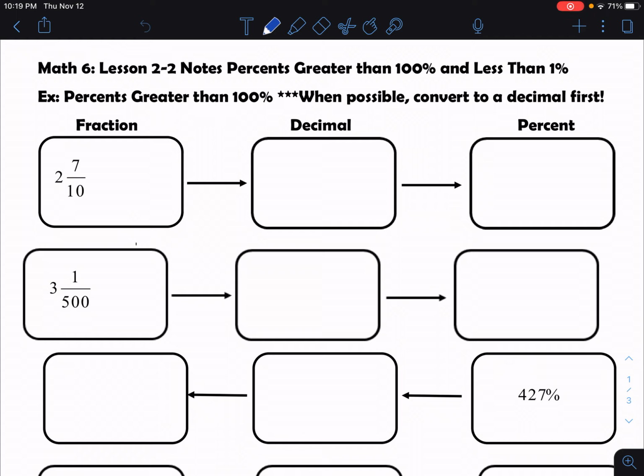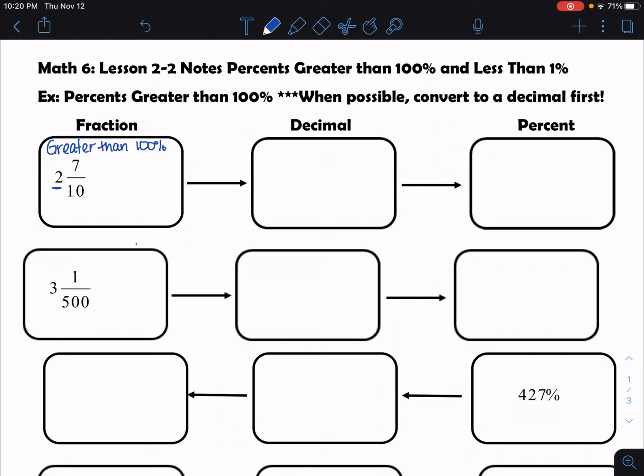In the first box here, we're given a fraction 2 and 7 over 10. This is going to be an example of a one that's greater than 100%. The reason why it's greater than 100% is because this 2 out front makes it a mixed number.